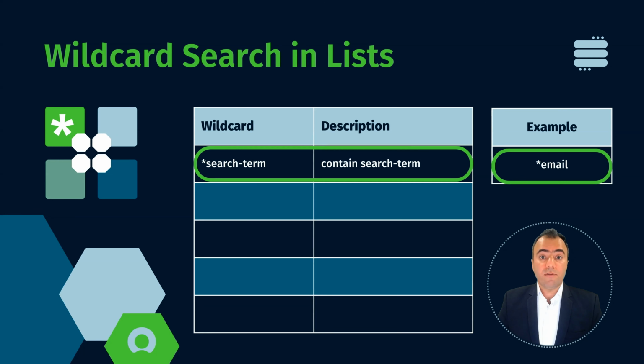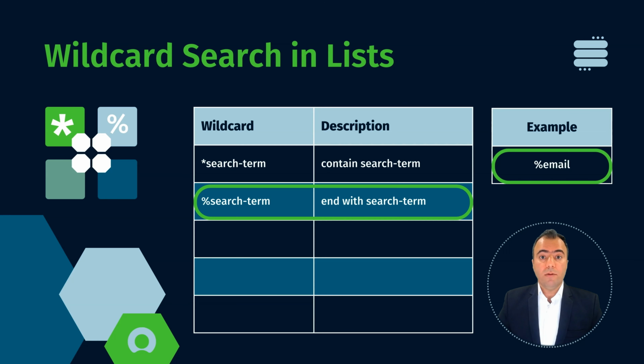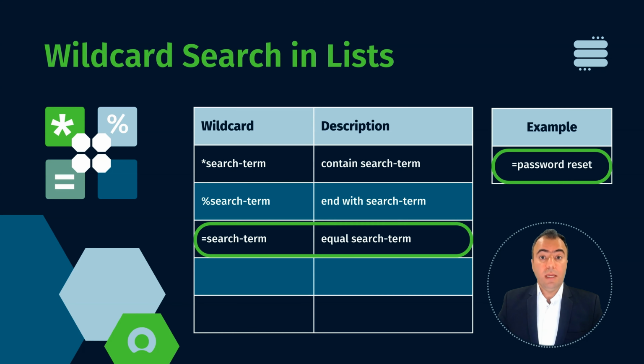You can use an asterisk with a search term to look up values that contain that term. If you start with an ampersand sign and your search term next, you're searching for values that end with that term. You can start with an equal sign to search for values that are the exact match for your keyword. You can also use the exclamation mark to provide the opposite results.